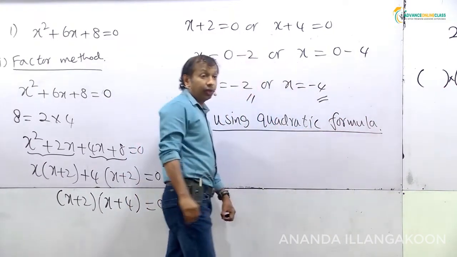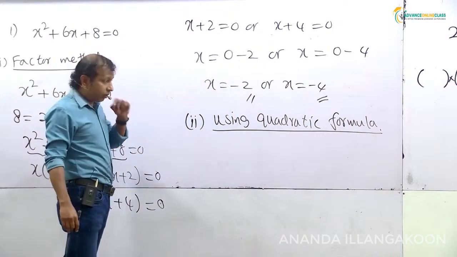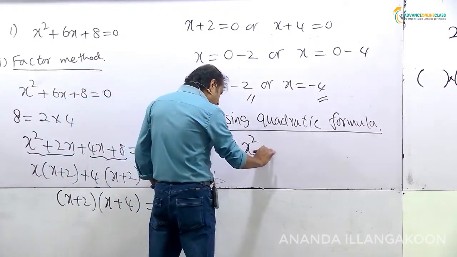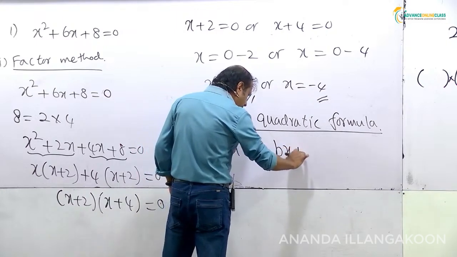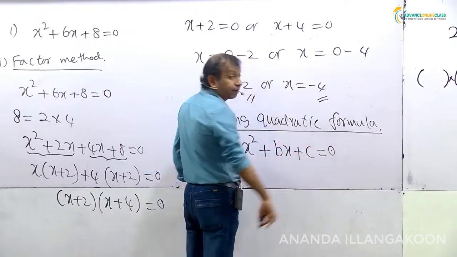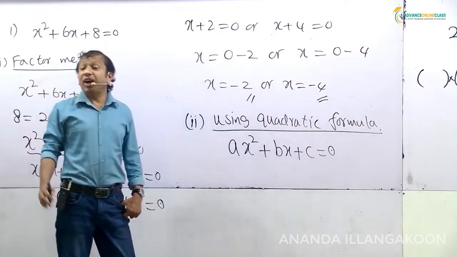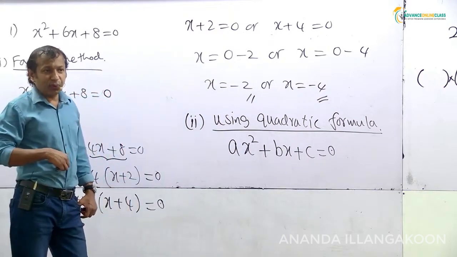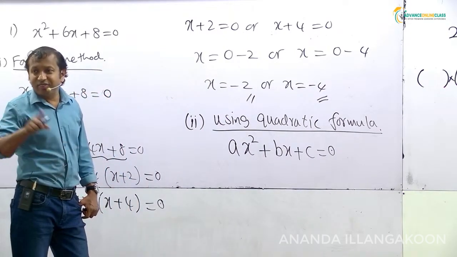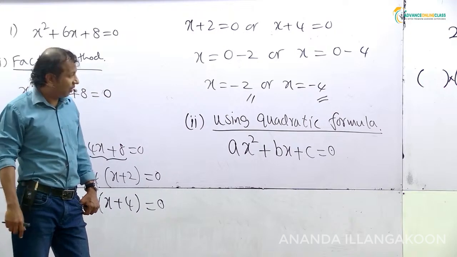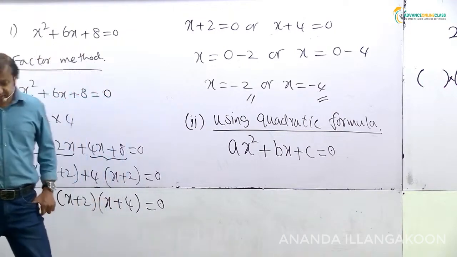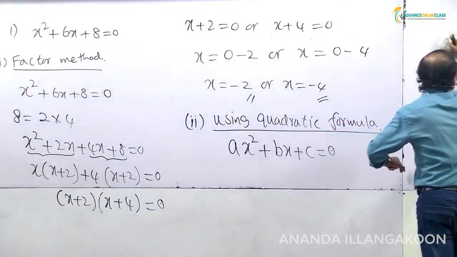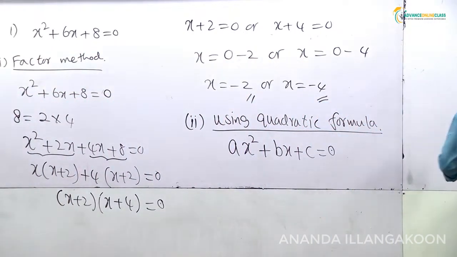The standard quadratic equation we learned is ax squared plus bx plus c equals 0. To find the solution for x, you learned by heart one formula for x. Can somebody tell me what is that quadratic formula for x? Yes?